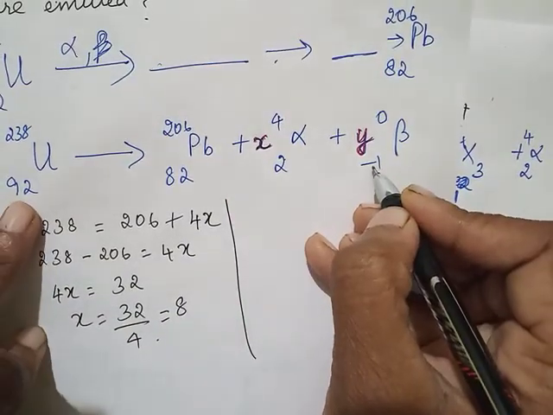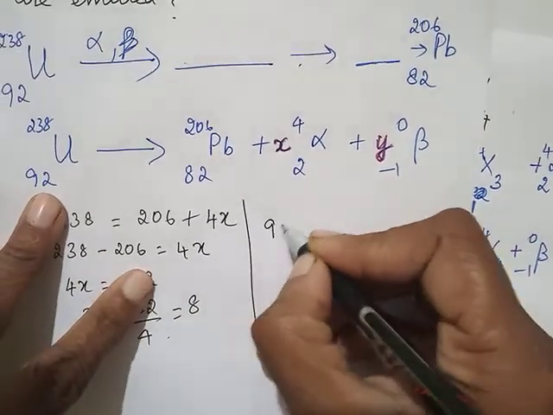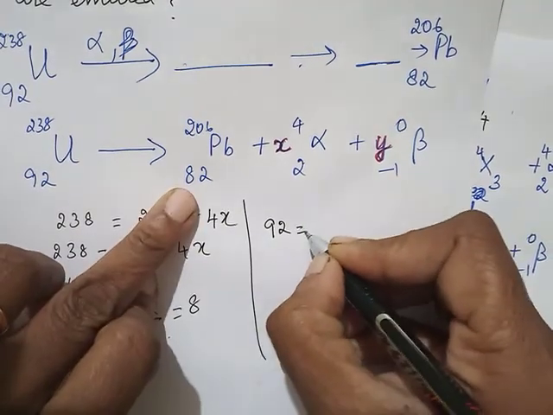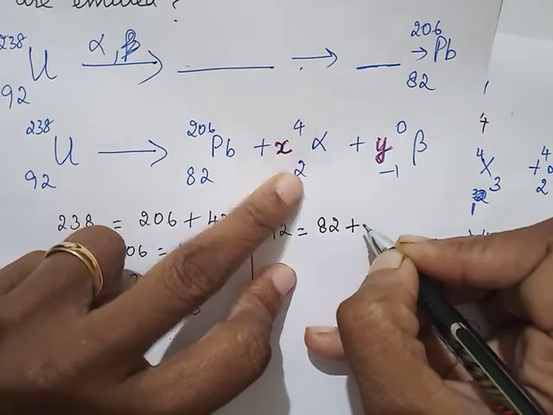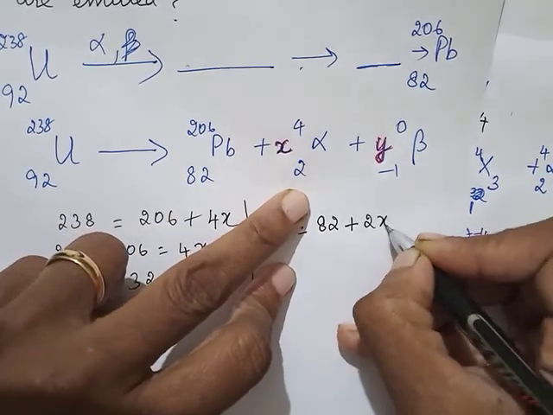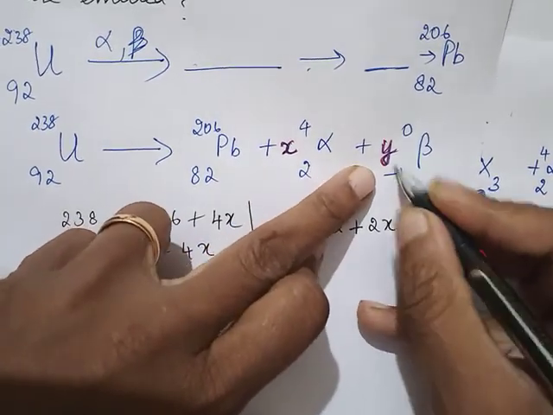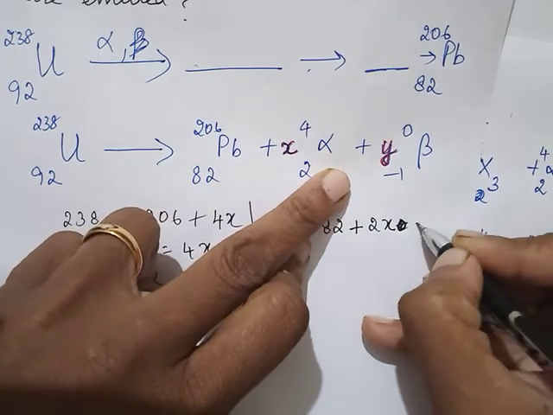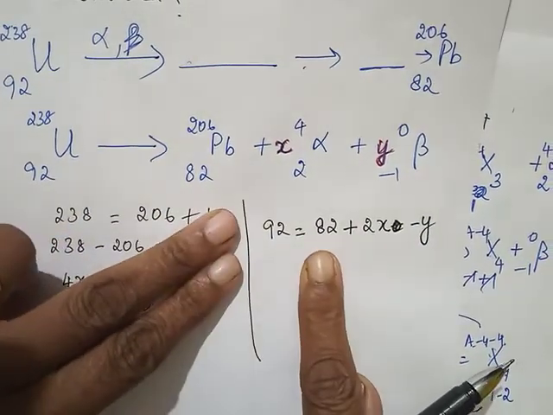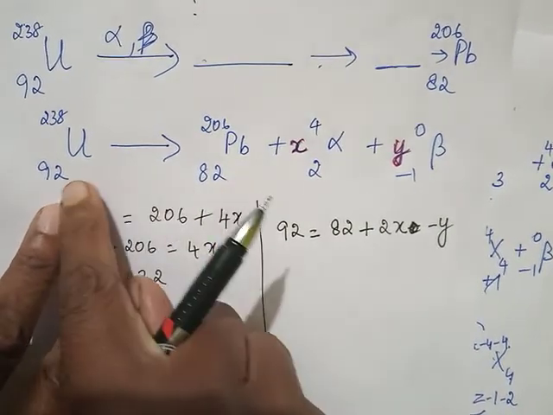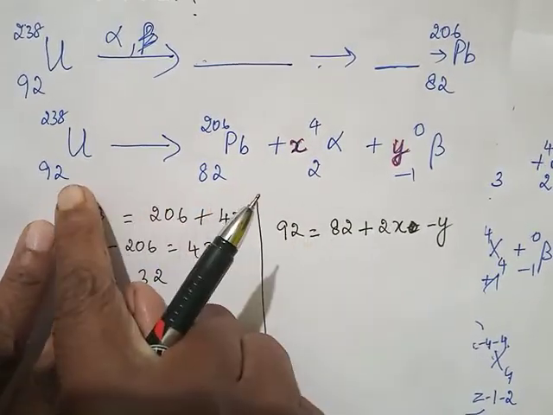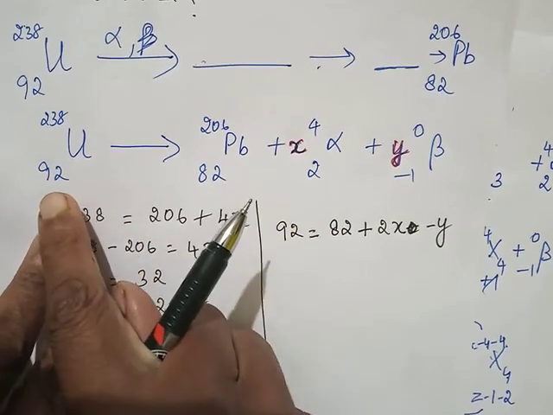Come to the atomic number. 92 on the left hand side is equal to 82 plus X into 2, that is 2X, plus Y into minus 1, that is minus Y. Did you understand this, children? When we see the atomic number, apply the law of conservation of atomic number.